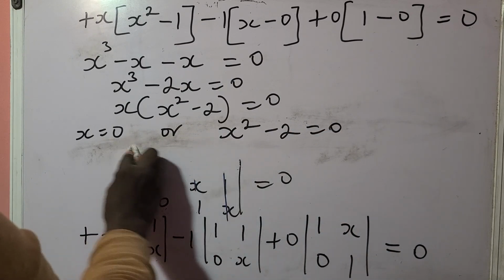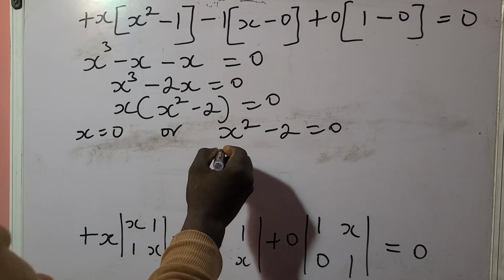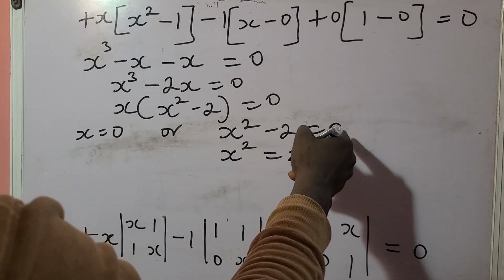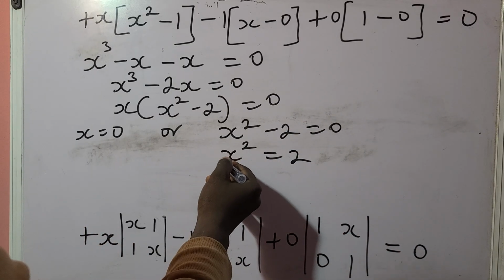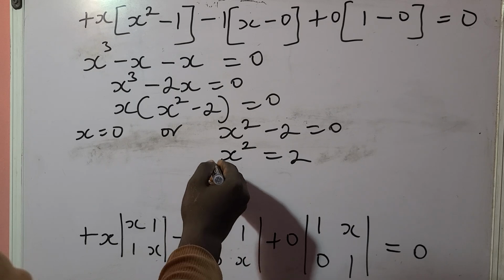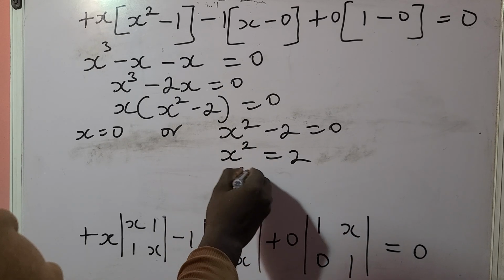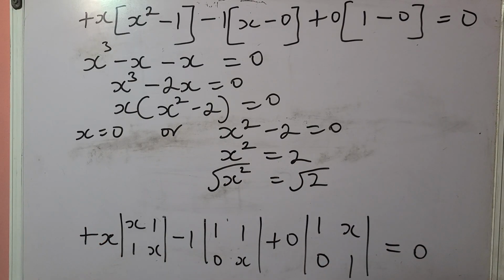Now, if x squared minus 2 equals to 0, obviously we know that x squared will be equals to 2. This 2 coming over here. And then we can decide to resolve this by taking the square root of both sides. That means we would have x squared, take the square root of this equals to 2, take the square root of this.